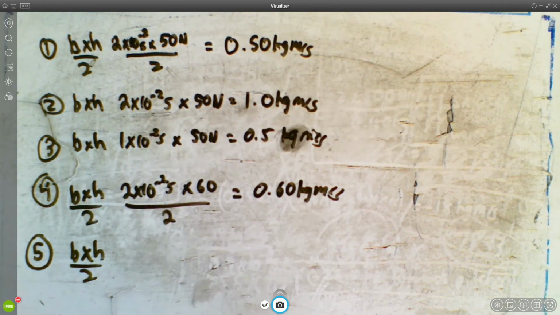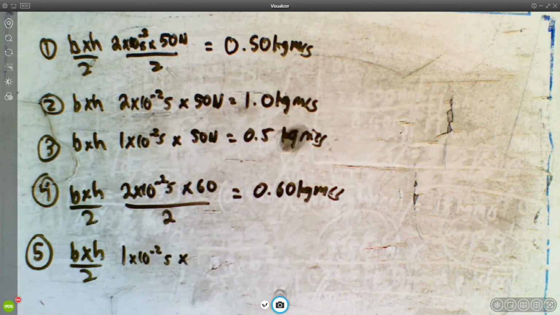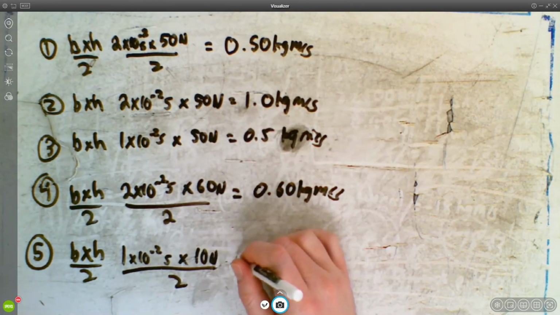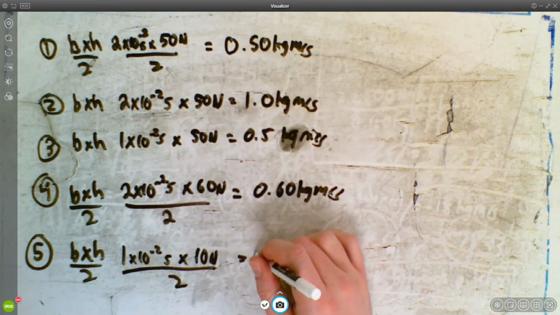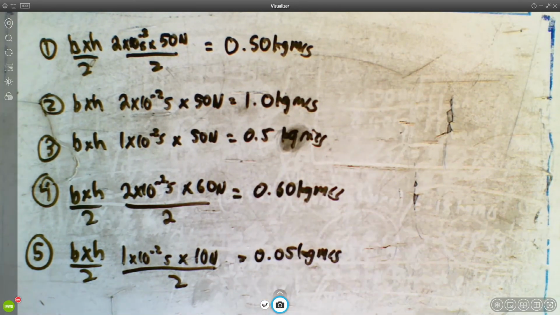And then my last one is just that little triangle on top. So its base is 1. And its height, it goes from 50 to 60, so 10 newtons divided by 2. And that is going to give me 0.05 kilograms meters per second. Okay, so then what I do is I add all those guys up.